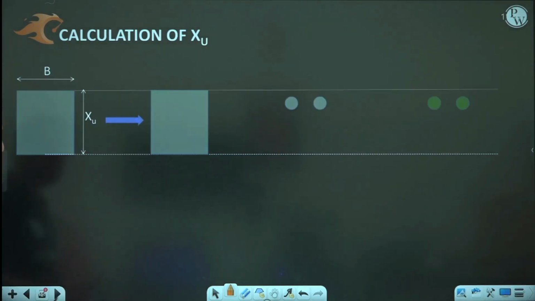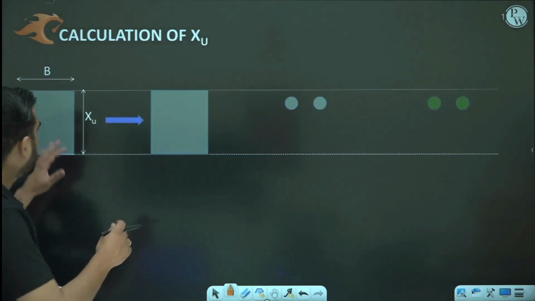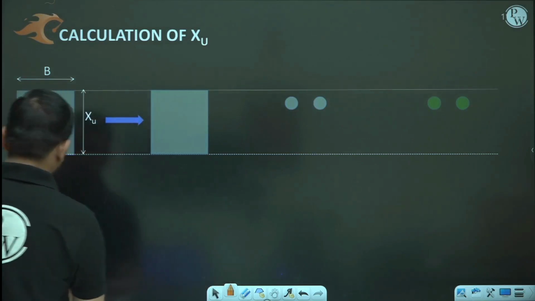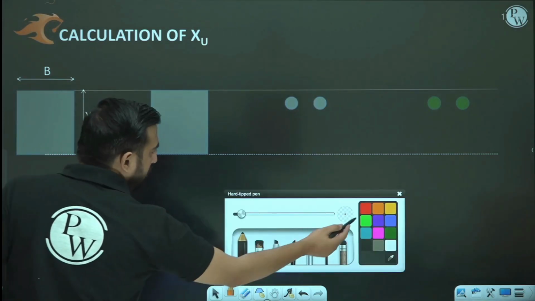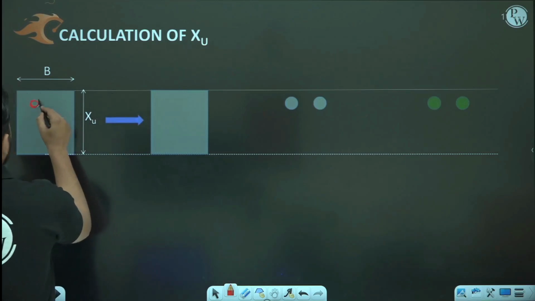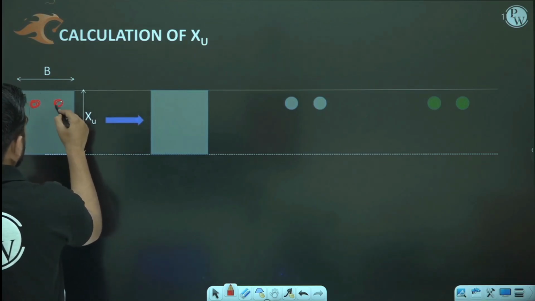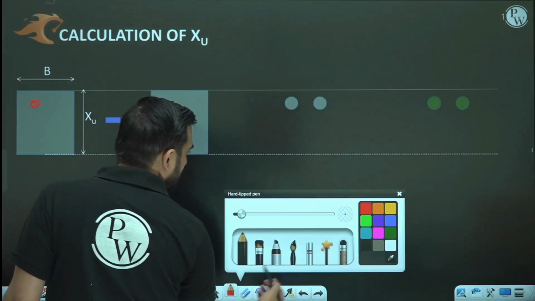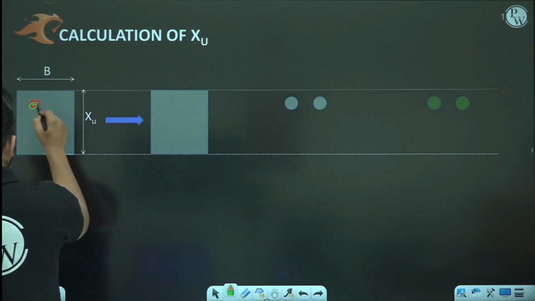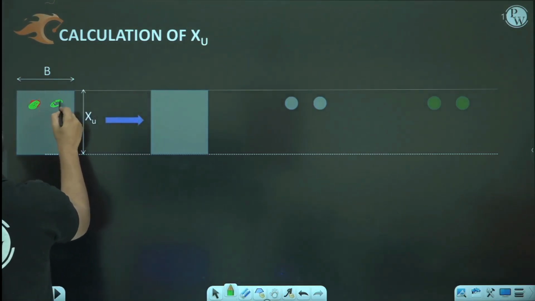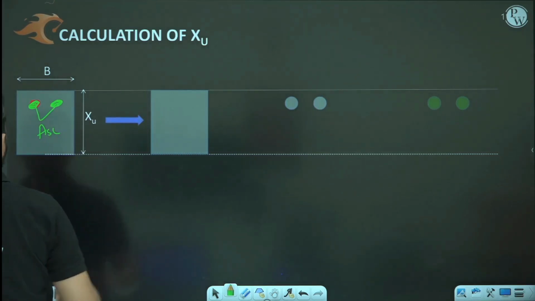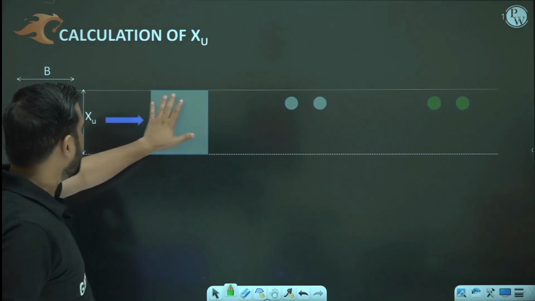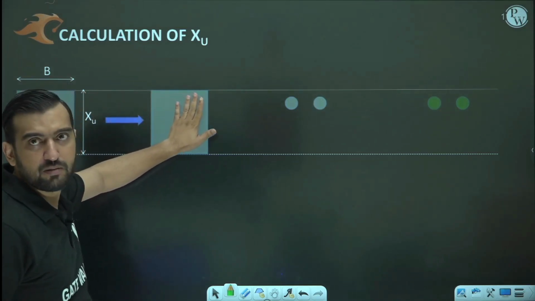So just see here, this is a concrete block, and there are two bars. Let me call it Asc. First of all, I am considering only the compressive zone.